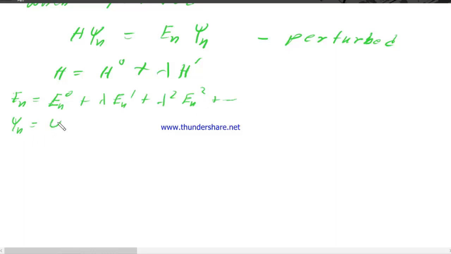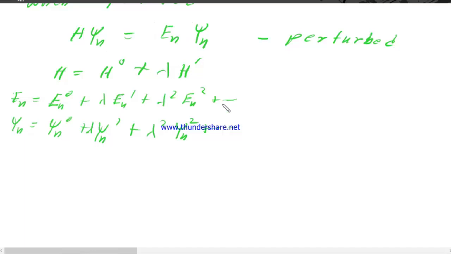And for psi: psi_n = psi_n0 + lambda psi_n1 + lambda squared psi_n2. Now we can put these values into these equations.